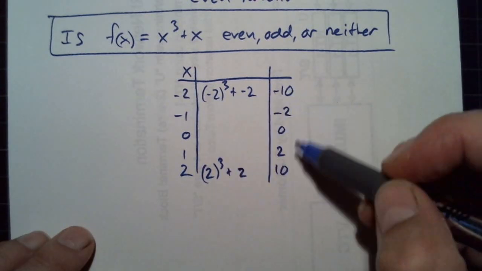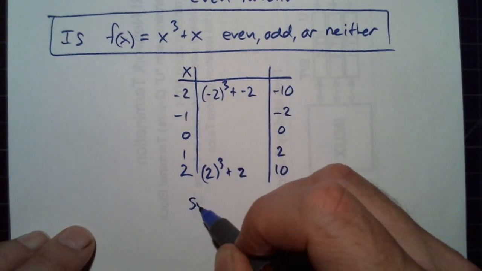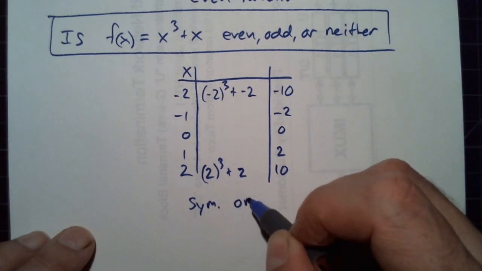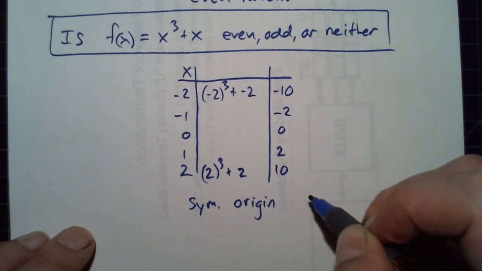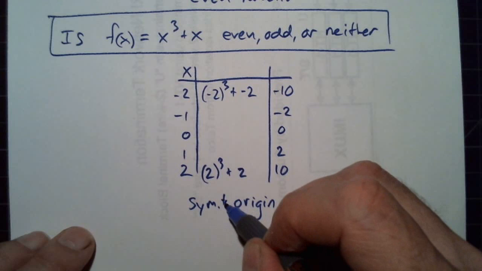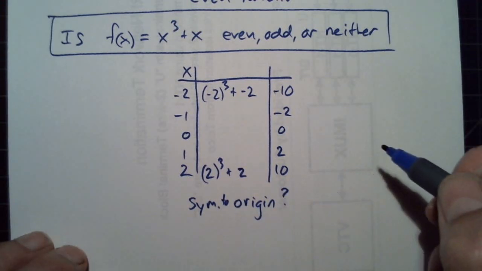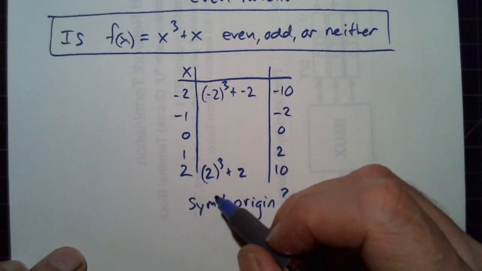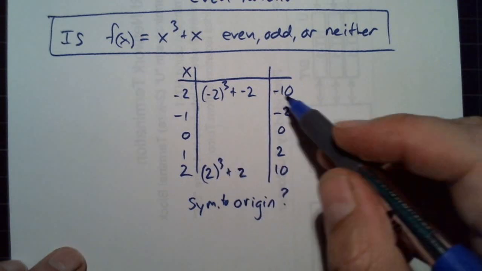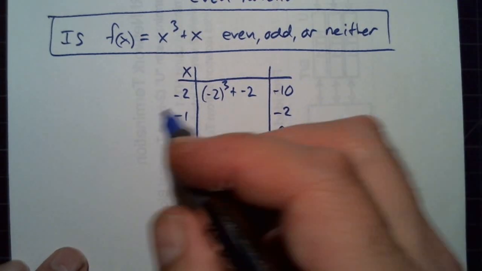Oh, it looks like it's symmetry to the origin. With the points that we've chosen, we can say it appears to be symmetry to the origin. Let's put a question mark because we don't know for sure. It appears to be that way. Let's look at the graph.